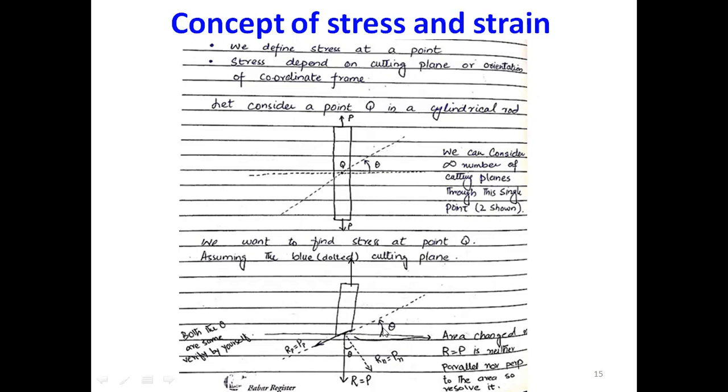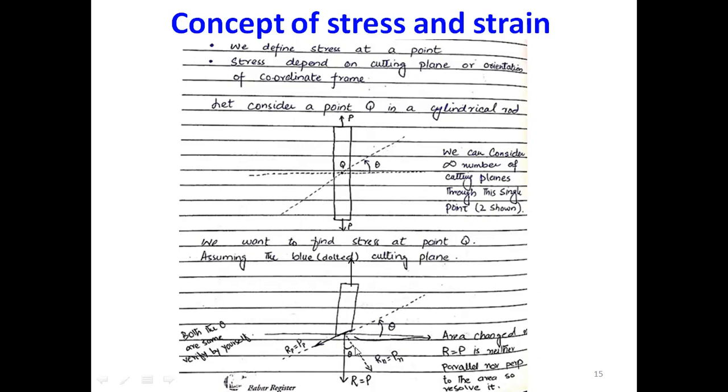Now, this angle we defined here is theta. So this angle would be 90 minus theta, and this angle is 90, which means that this angle is theta. So now we could resolve this force R into its rectangular components.